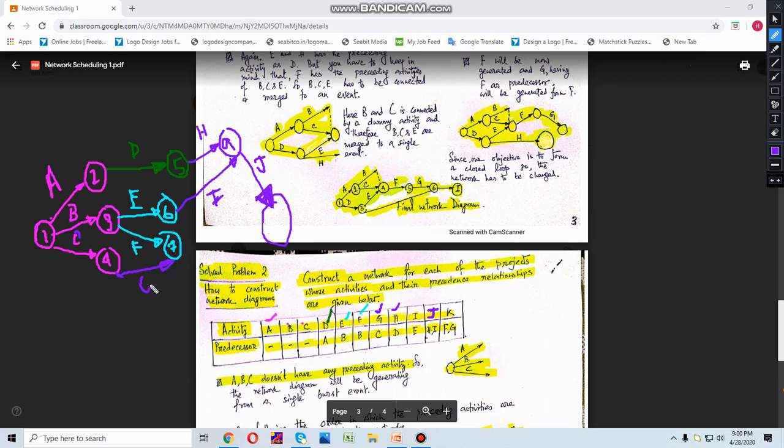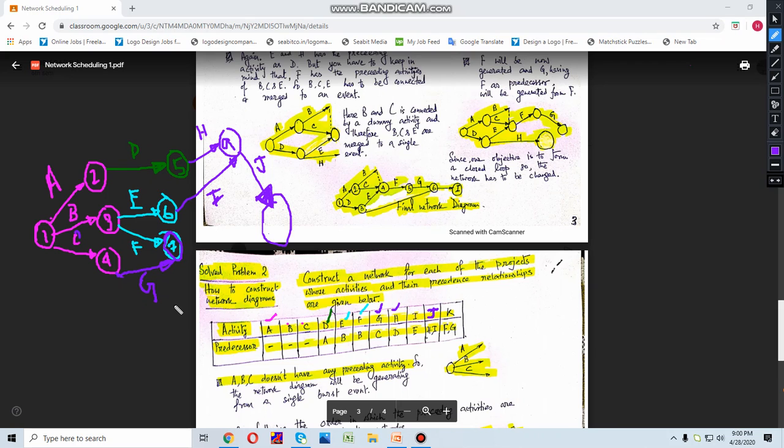So let us just write G here, and now you can see that F and G are being merged to this event number 7.